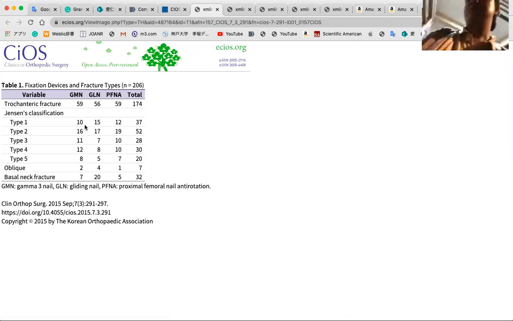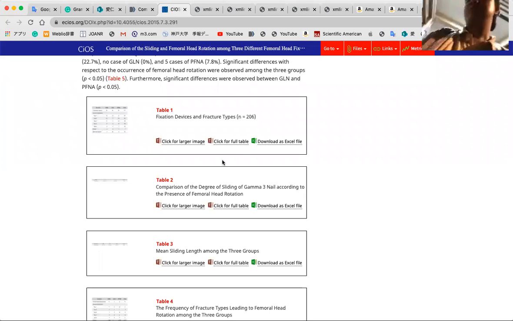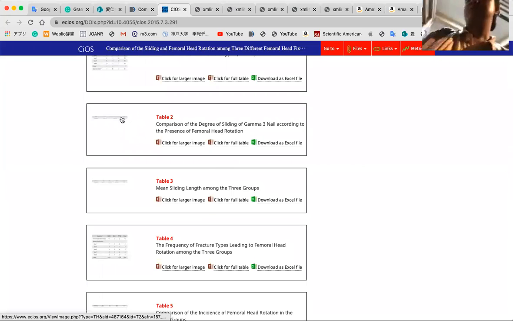The distribution of the fracture type is equivalent in the three groups. And this is a comparison of sliding length and rotation. This is only the gamma nail, because only the gamma nail shows both the sliding and the femoral head rotation.